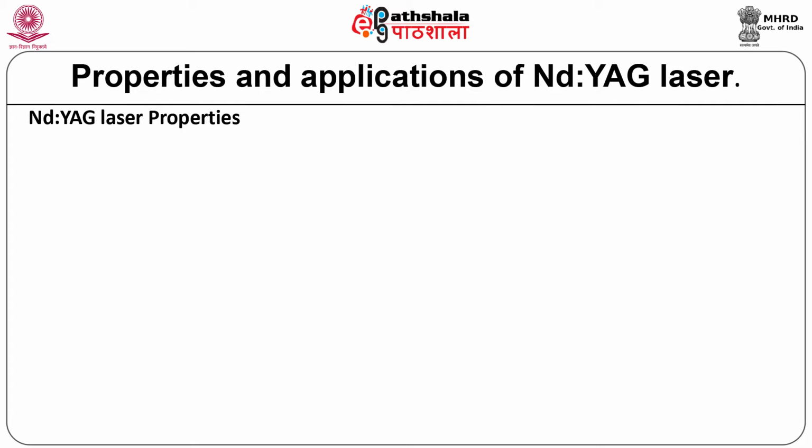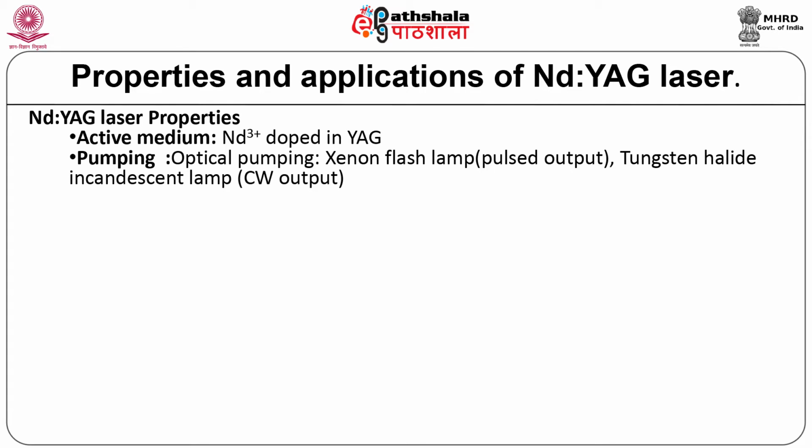The following table gives the properties and applications of Nd:YAG laser. The active medium is Nd3+ doped in YAG. The pumping mechanism used is optical pumping, that is xenon flash lamp for pulsed output and tungsten halide incandescent lamp for continuous wave output.